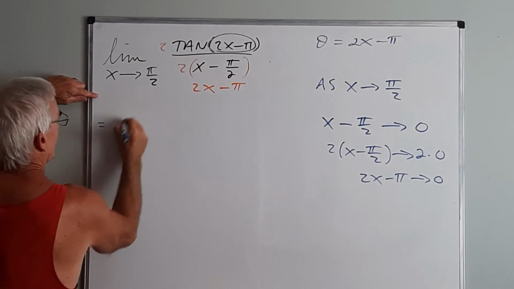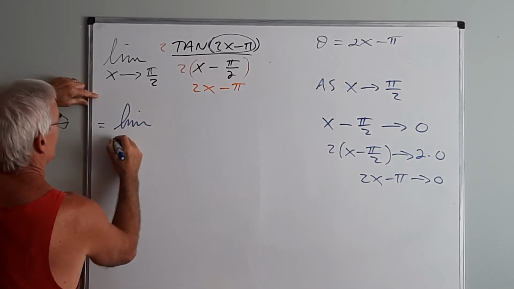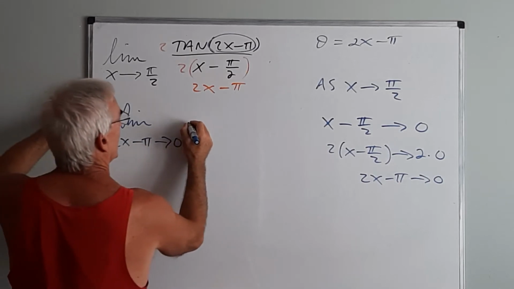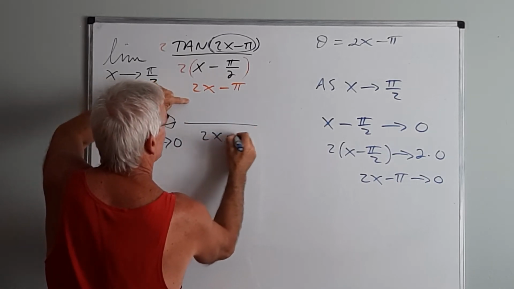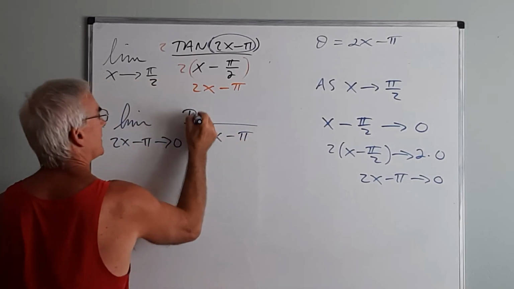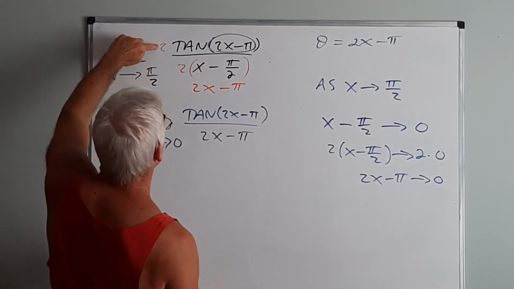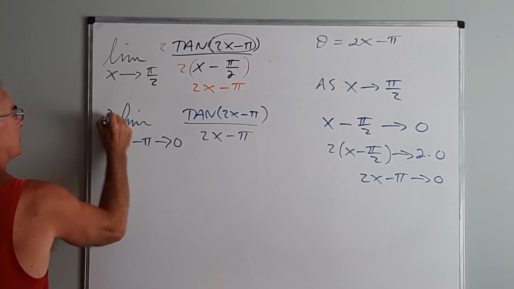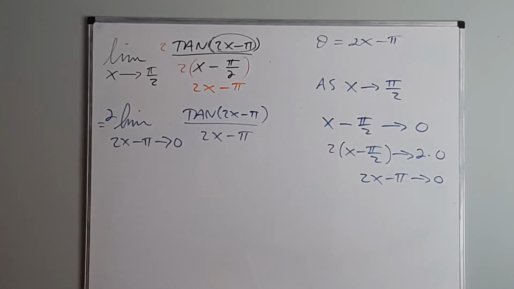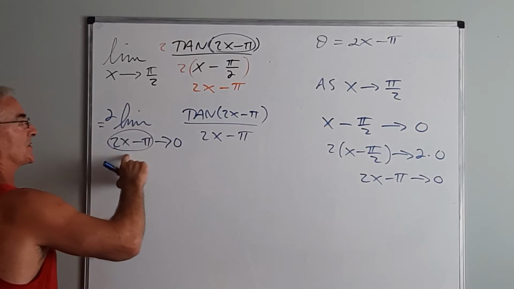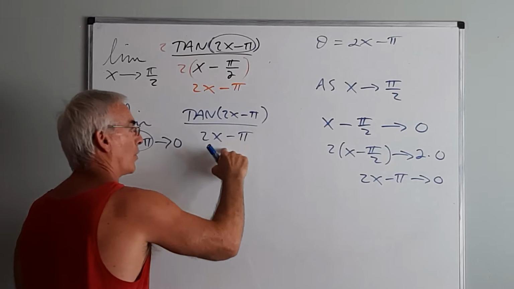So at this point, I can rewrite the problem as 2x minus pi approaches 0. I have 2x minus pi in the denominator. I have the tangent of 2x minus pi in the numerator. And this 2 here, we can simply pull out in front. So now I have the form, limit as theta goes to 0, tan theta over theta.